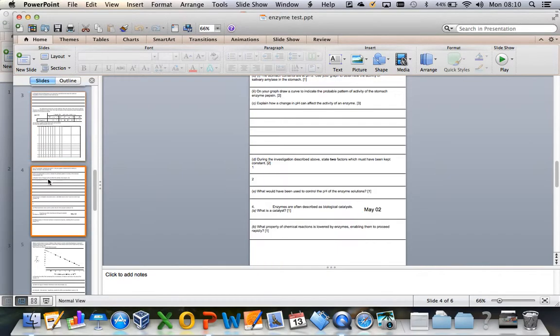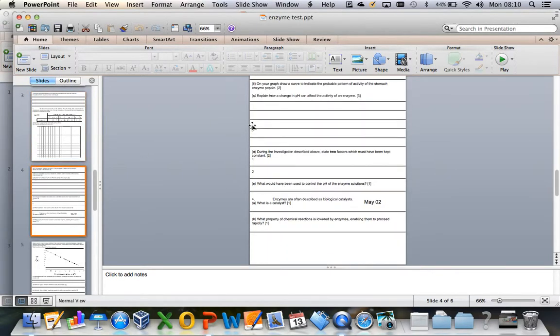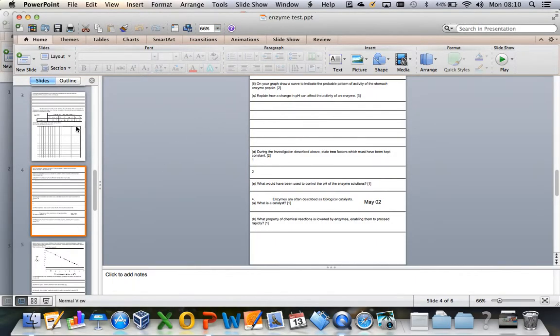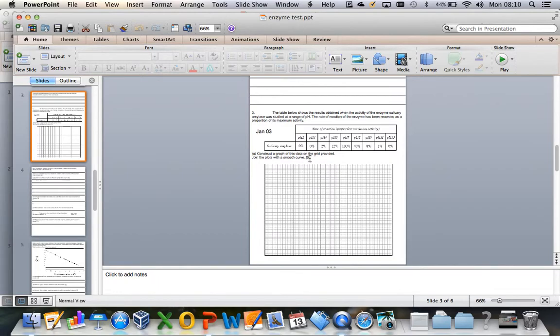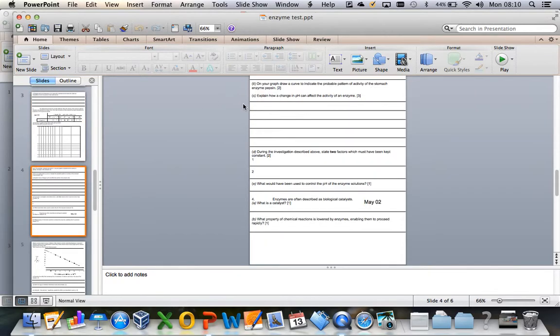The question then goes on to ask, use your graph to determine the activity of salivary amylase in the stomach. So if we look back to the graph, it tells you the pH is 2, and between 1 and 3 it's 0, so it's got to be 0 that you'll get from your graph there.